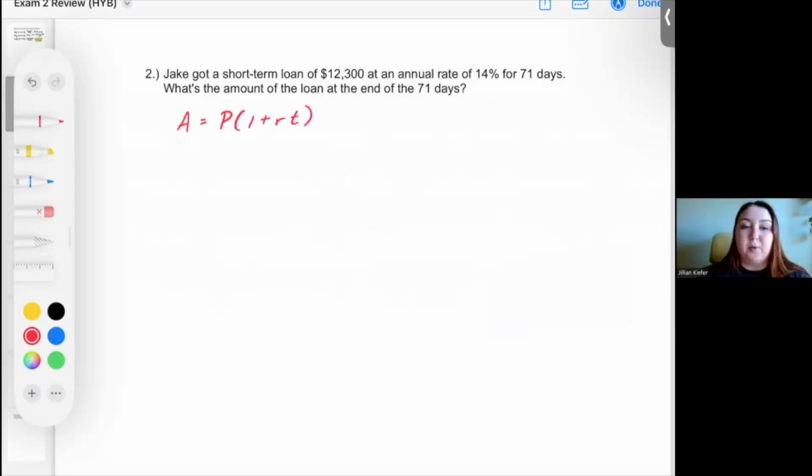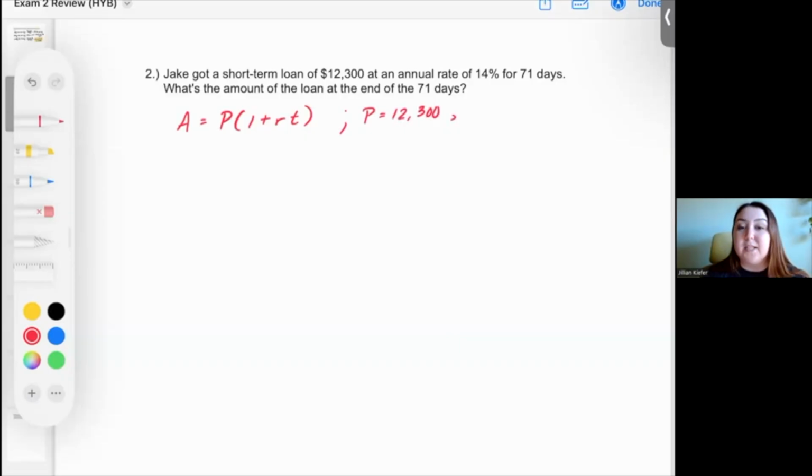So the amount is what we're looking for, and we can figure out each one of these values that we have. So our principal was however much the loan was originally for. For Jake's case, it's going to be $12,300. So the principal is $12,300.